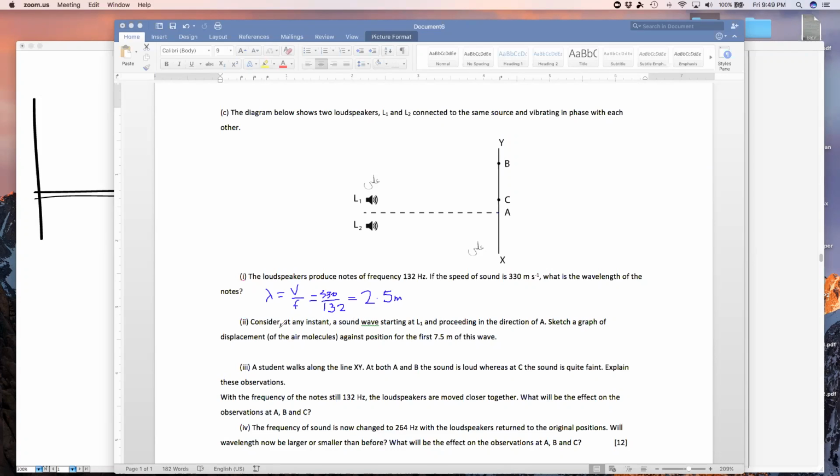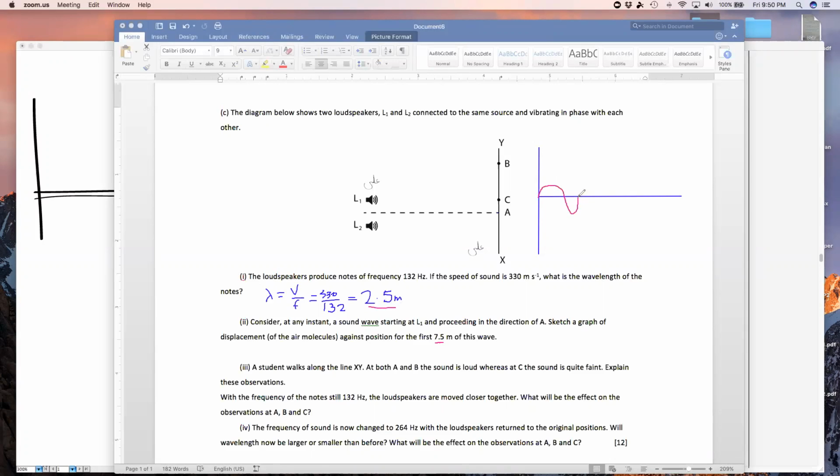You have to sketch a graph of displacement against position for the first 7.5 meters. The wavelength is 2.5, so for 7.5 meters, how many wavelengths do we have? Exactly 3.